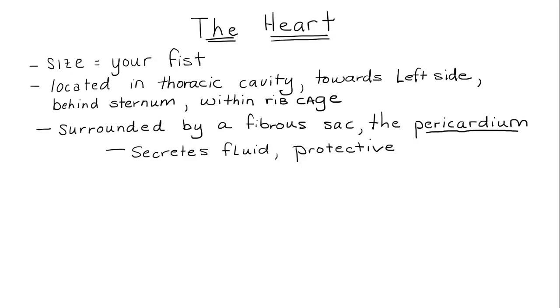It's going to pump blood, and this fluid that's secreted by the pericardium allows for there to be less friction when the heart expands within the sac and contracts. Let's get an overview of heart anatomy shown on the next slide.